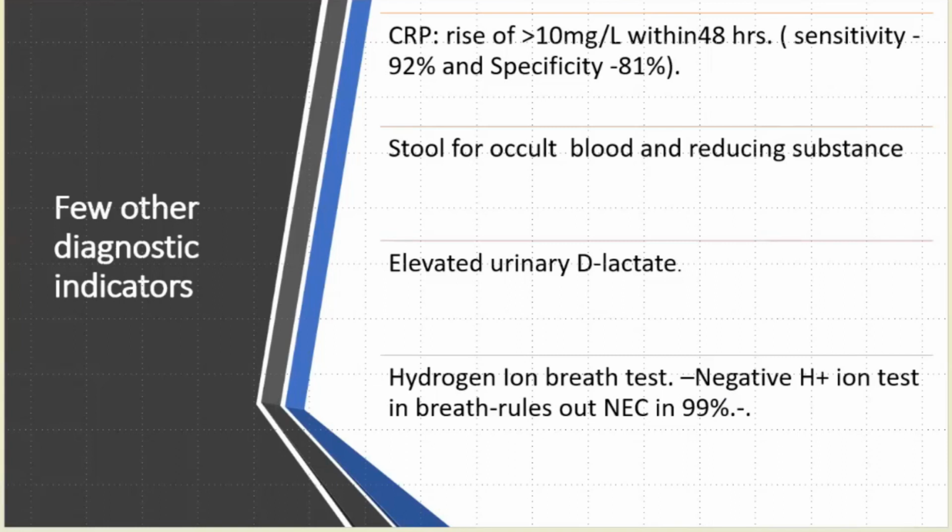So you get stool for reducing substance positive, and once it is fermented, the D-lactate levels rise, which is excreted by the kidney. So urinary D-lactate will be positive, and with the same fermentation, the hydrogen breath test will be positive. In one study, they suggested that a negative hydrogen breath test rules out NEC in 99% of cases.